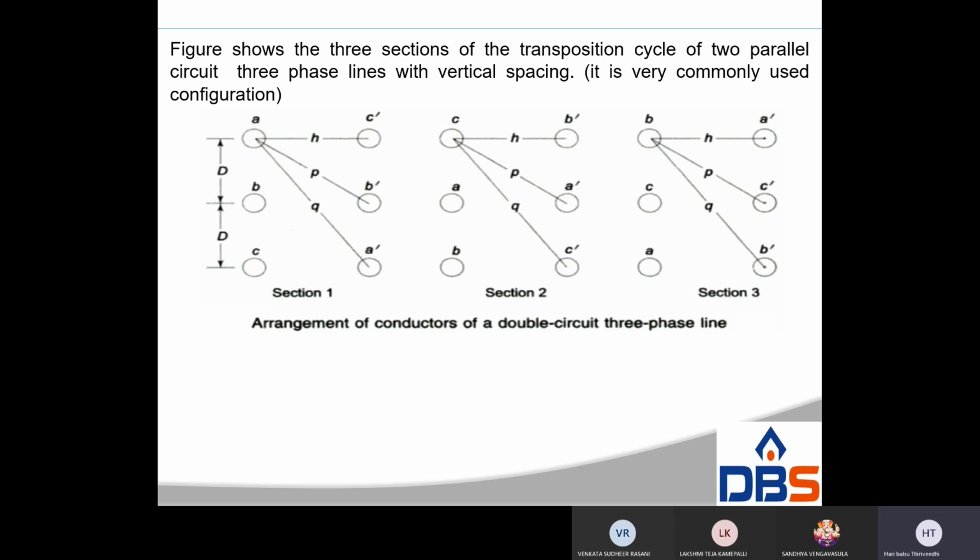Like that, DCA also: DCA, DC dash A dash, DC dash A, DCA dash whole power 1 by 4.